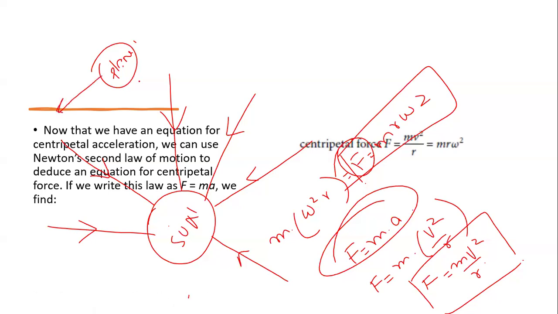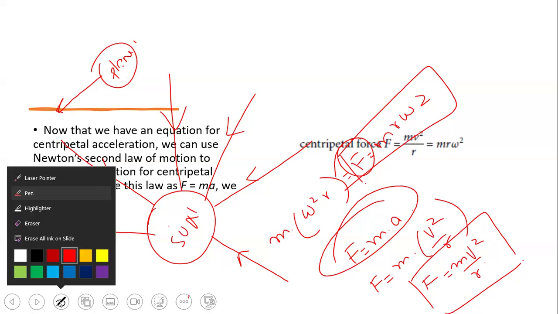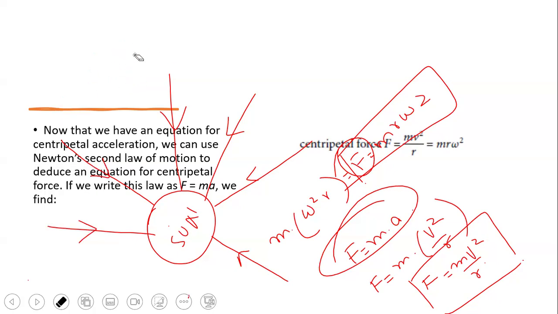This is actually how planets entered into the orbit of the sun. The planet was traveling linearly through space when it came under the influence of the sun's gravitational field.